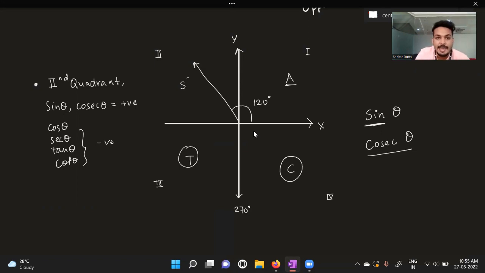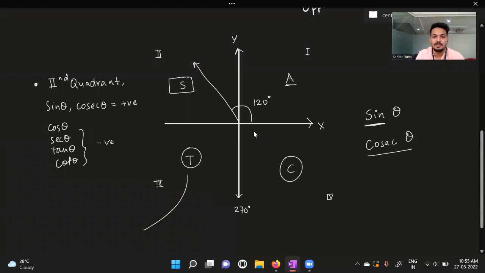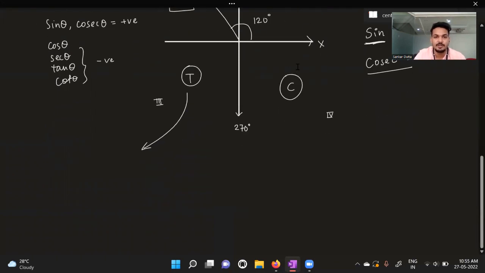This is what this S in this mnemonic tells me. Okay, so can you guess what T tells me in the third quadrant? In the third quadrant, tan theta and its reciprocal cot theta would be positive. The rest of the trigonometric ratios will be what? Negative. Now again, let me explain it one more time.